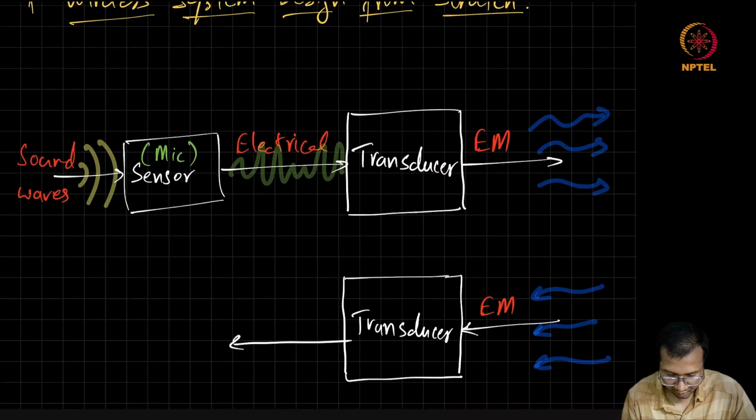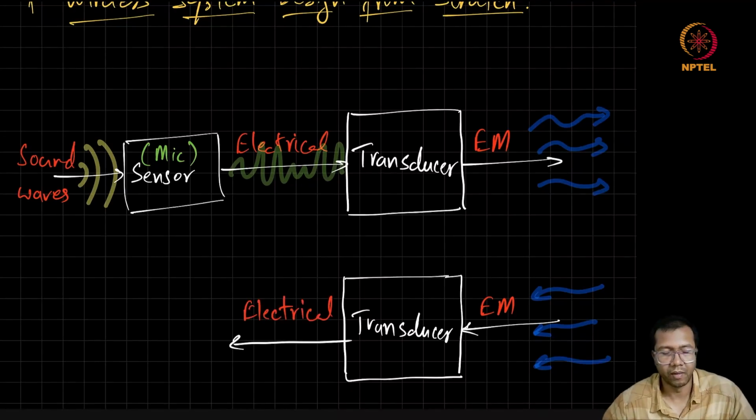The reason being, all the signal conditioning and signal processing, with which we are already familiar, can be easily implemented in the electrical domain. So the transducer will be converting electromagnetic waves into electrical energy.